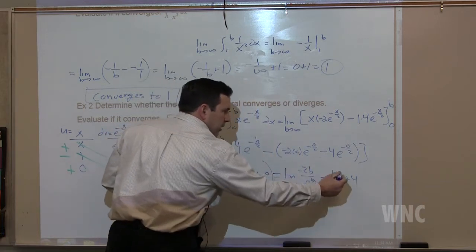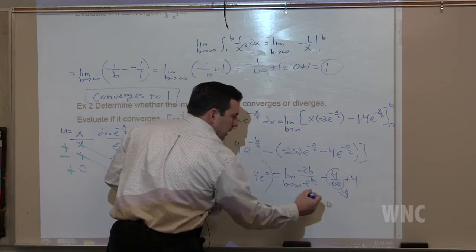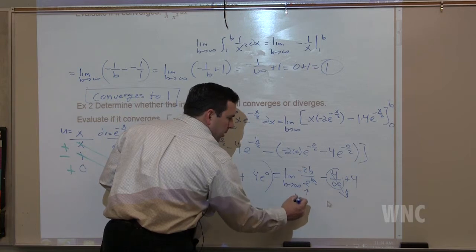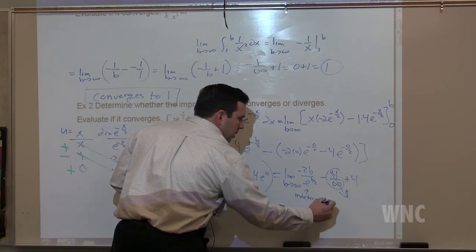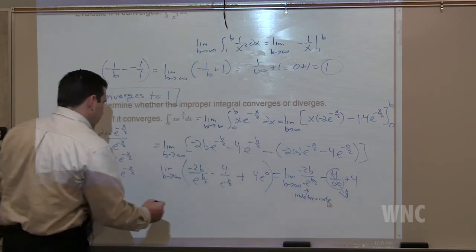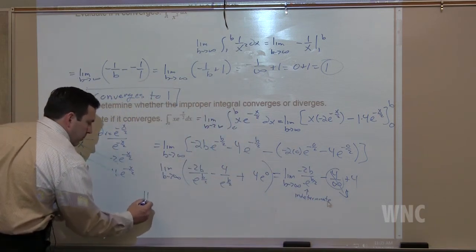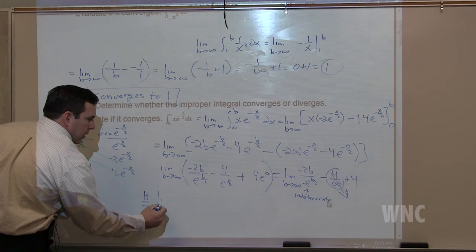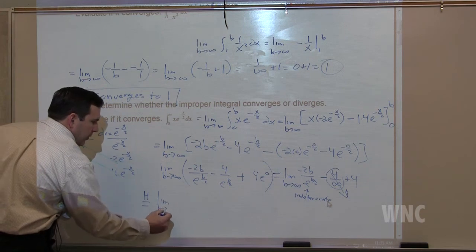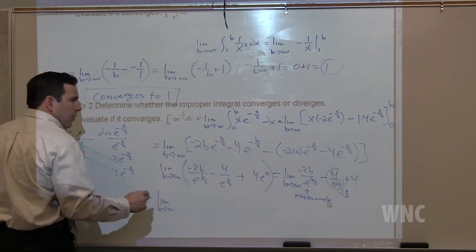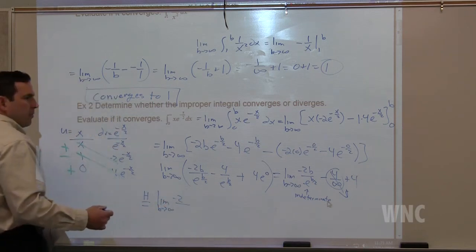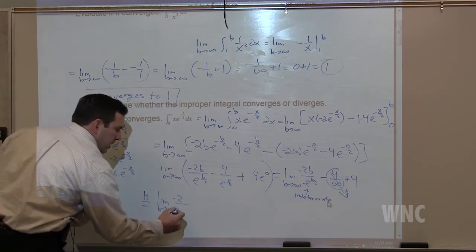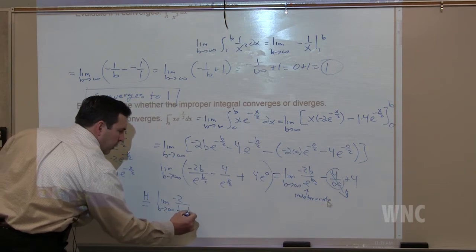So this part goes to 0, and this one is indeterminate. So we'll do L'Hopital's rule. The derivative of negative 2b with respect to b is negative 2, and the derivative of e to the b over 2 with respect to b is 1/2 e to the b over 2.